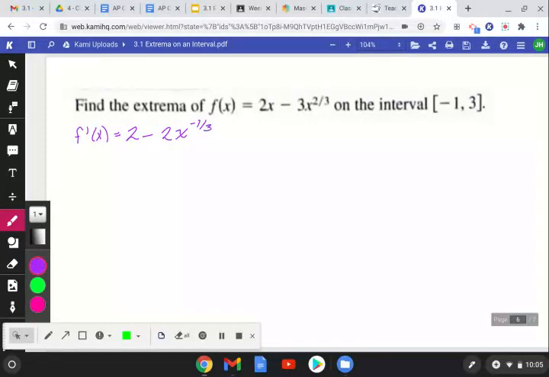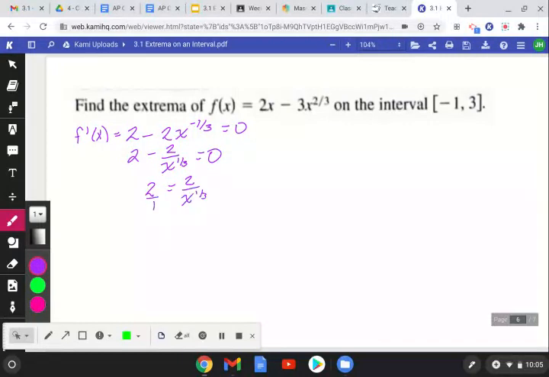So we've got to figure out a good way to solve it. One thing I would do, we do need to figure out where it's equal to 0, but first I would simplify it. So I would rewrite this like this. You get a common denominator if you wanted to, but actually what I'm going to do is add the 2 over x to the 1/3 to the other side so that I have this.